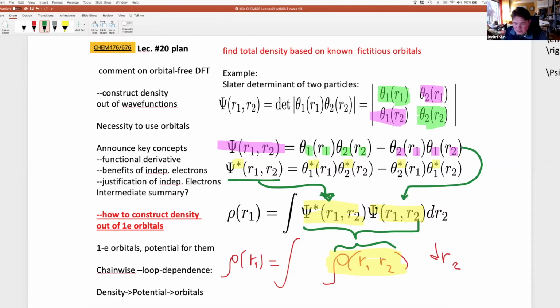If we call this pair A, B, then here we will have A star minus B star times A minus B. So there are two terms in the first bracket and two terms in the second bracket.